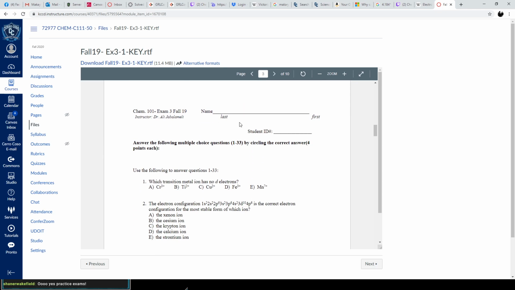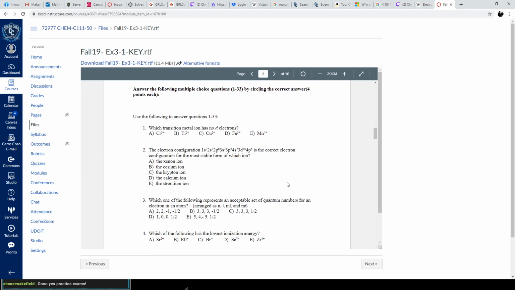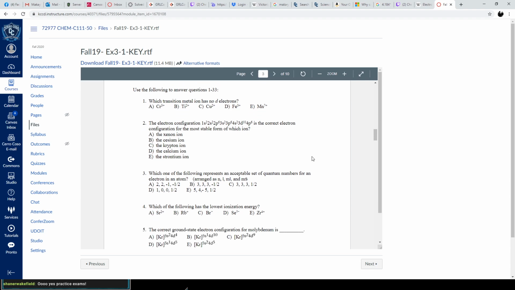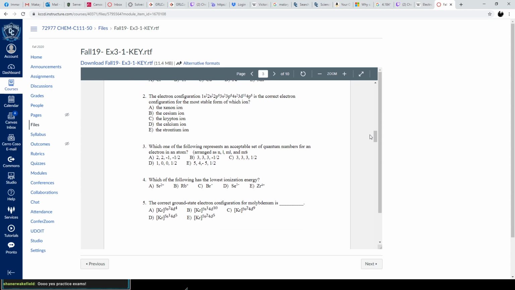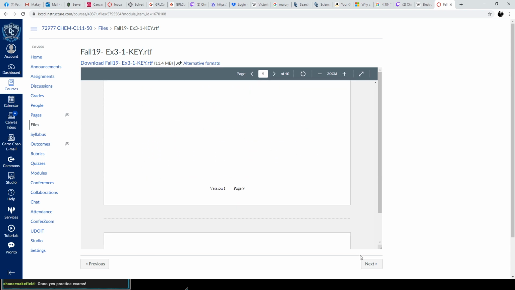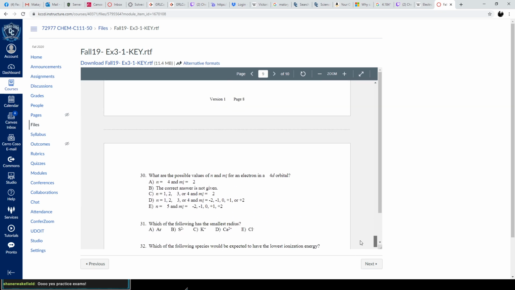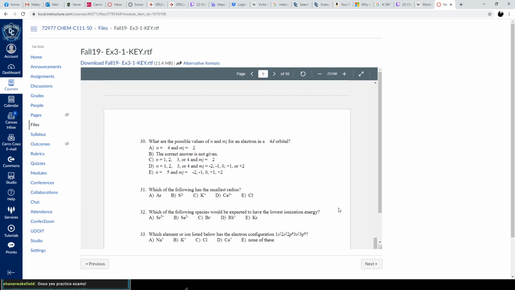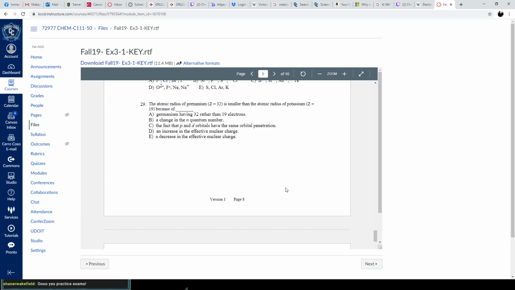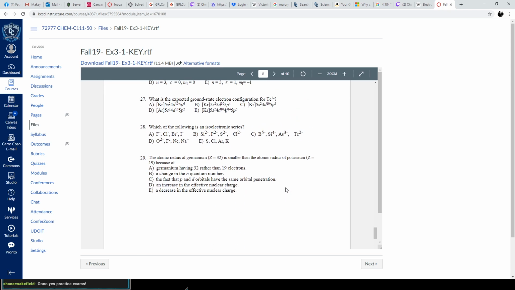But lo and behold, we can see all sorts of fun stuff here. The answers are at the back, so you can judge yourselves. The stuff here is almost all conceptual. There's nothing crazy going on here. So that is there for you guys to practice with.